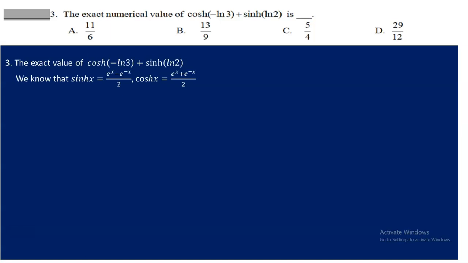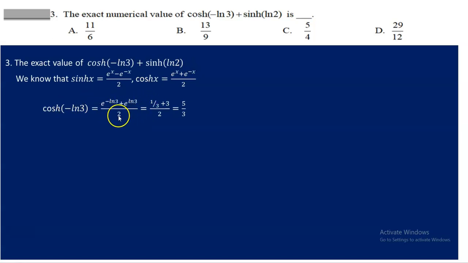So when you directly substitute minus ln 3 in place of x in this cosine hyperbolic expression, you obtain e to the power of minus ln 3, because it says x, plus e to the power of, look, this is a negative x, so the negative turns to be positive, so this turns to be ln 3.